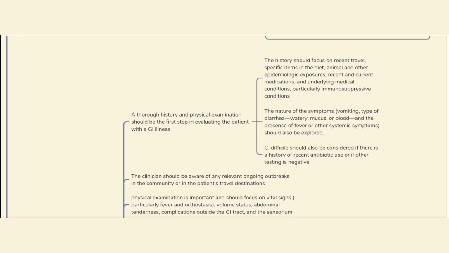And if the patient has a history of antibiotic therapy, then we should look at Clostridium difficile, which is antibiotic-associated diarrhea or pseudomembranous colitis, and we should look for it. And the test is quite easy to do by stool exam.